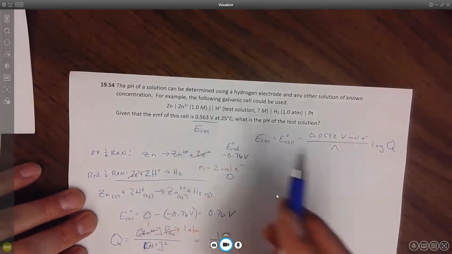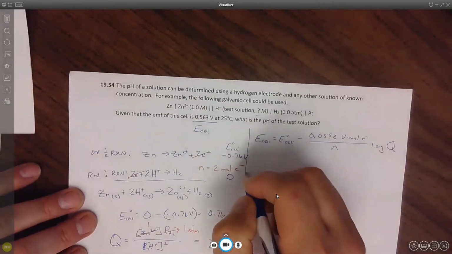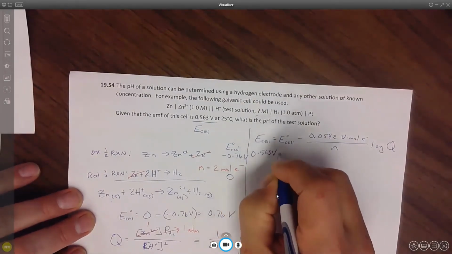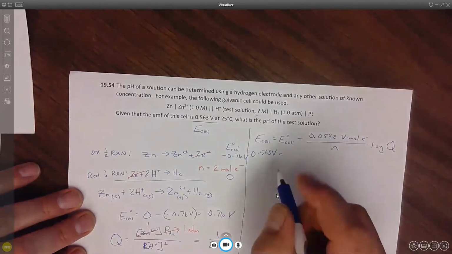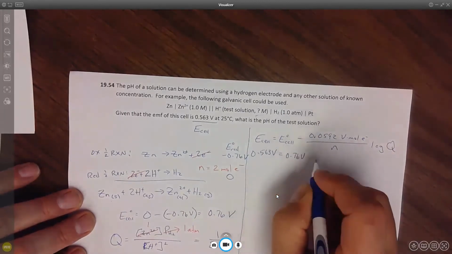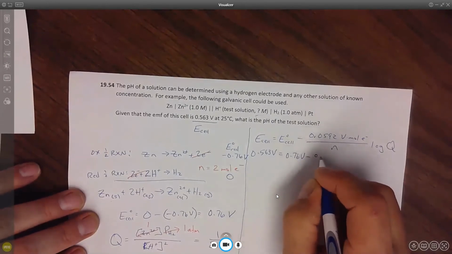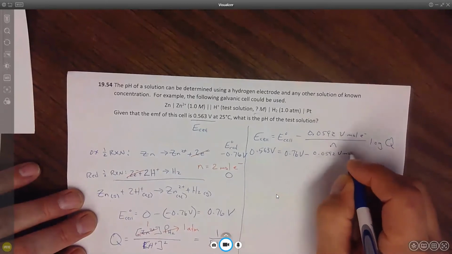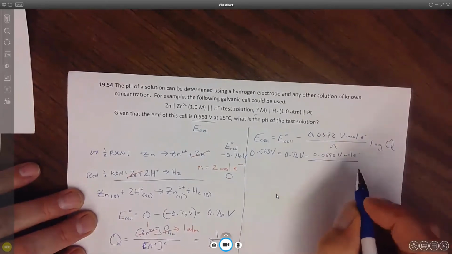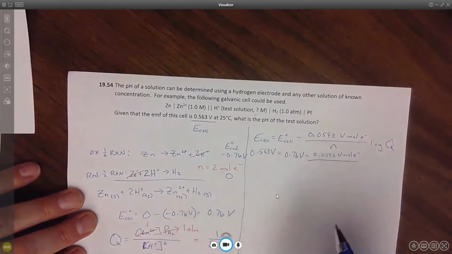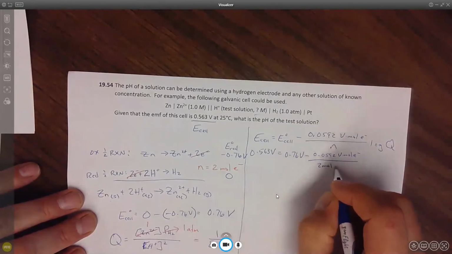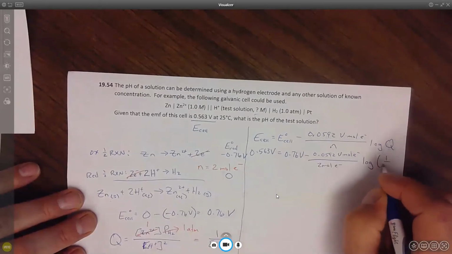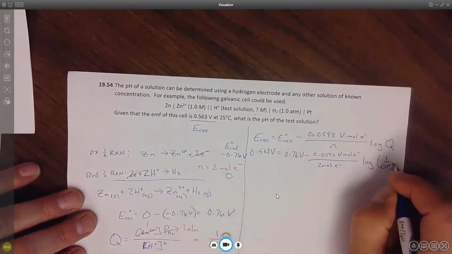So now we can start plugging this stuff into here. The E cell was already given to us as 0.563 volts. The standard E cell we calculated at 0.76 volts, then minus 0.0592 volt mole of electrons divided by our 2 moles of electrons, and then this is the log of 1 over the hydrogen ion concentration squared.